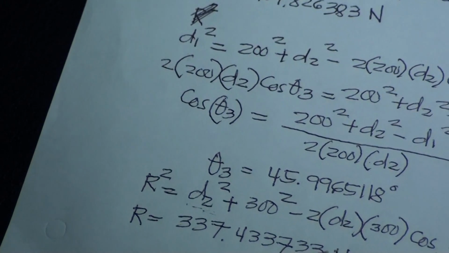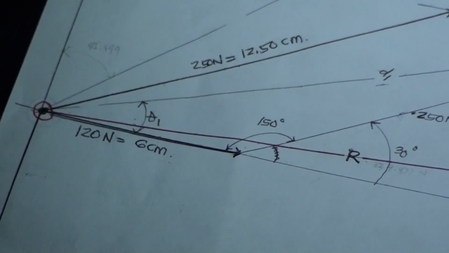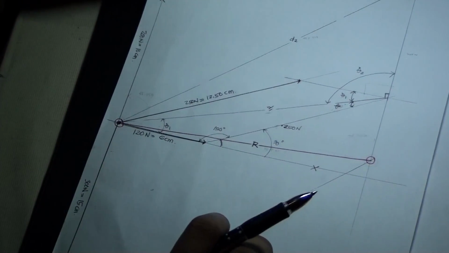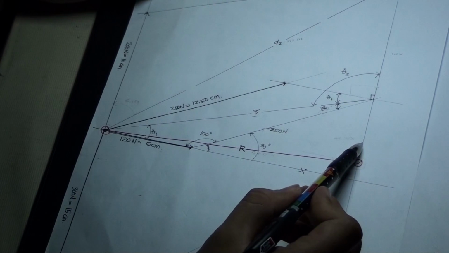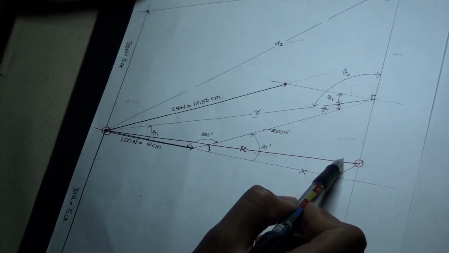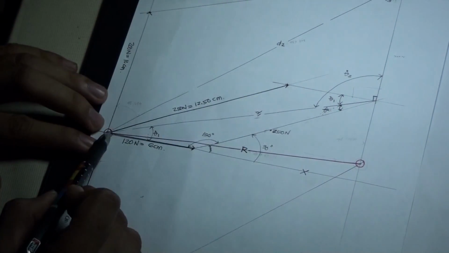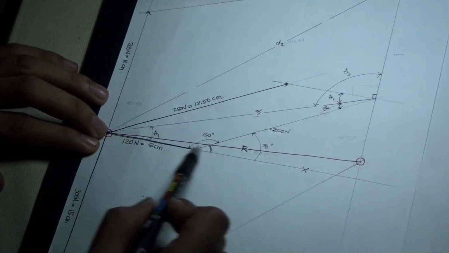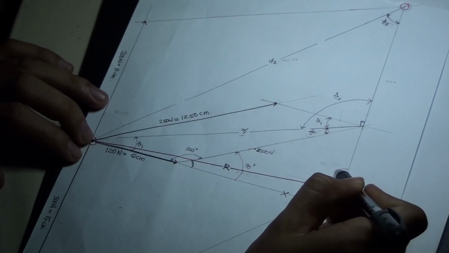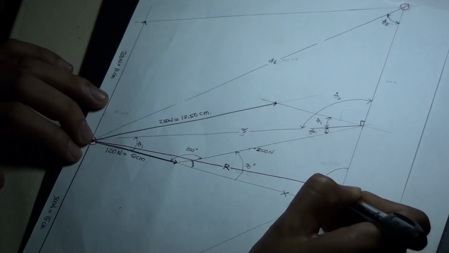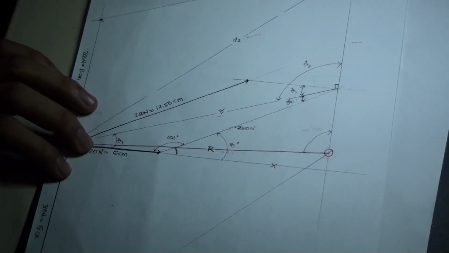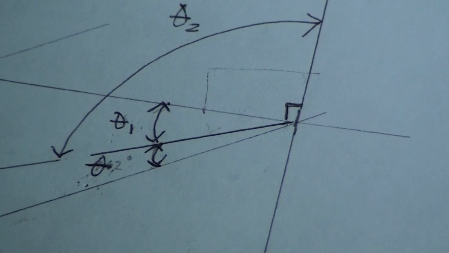So how shall we find theta R? So you notice the same approach we had a while ago in the closed polygon method. Notice we need to get this angle, right? How would that be possible? So looking into this triangle, one half of the parallelogram, we can solve this angle. It is expected that it should also be more than 90 degrees.